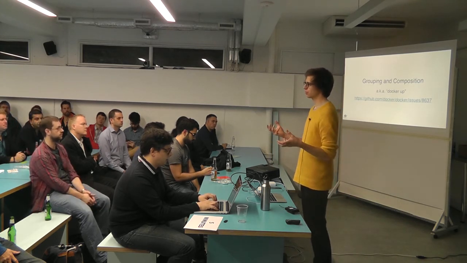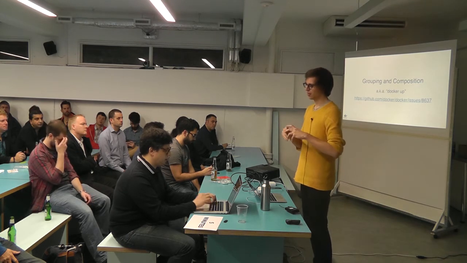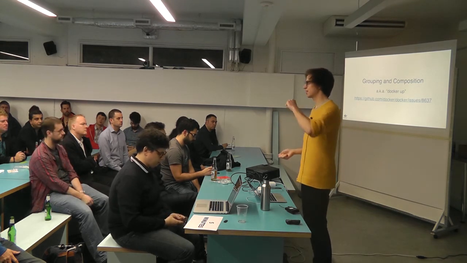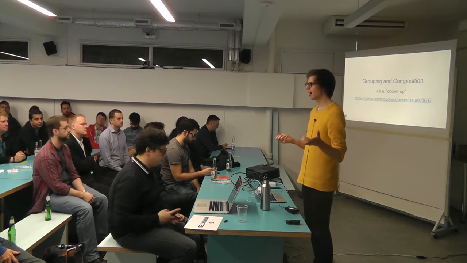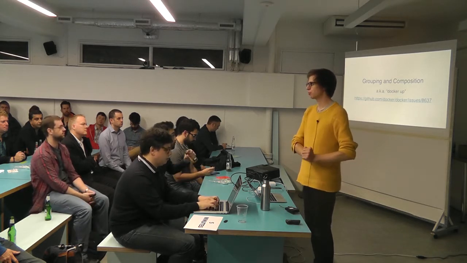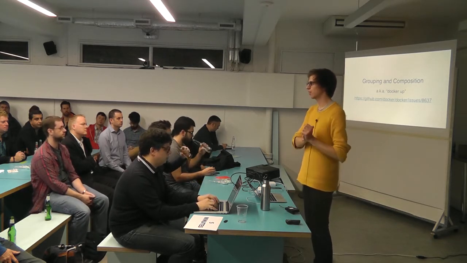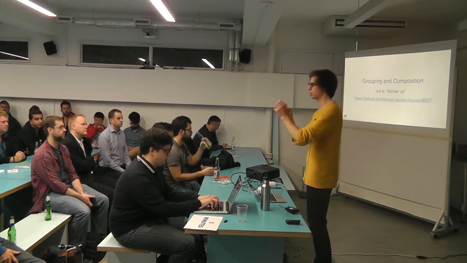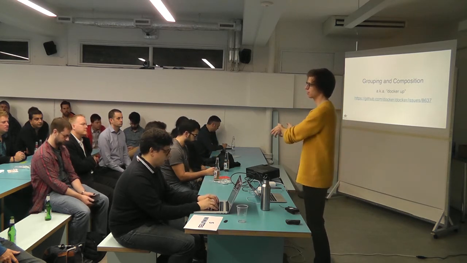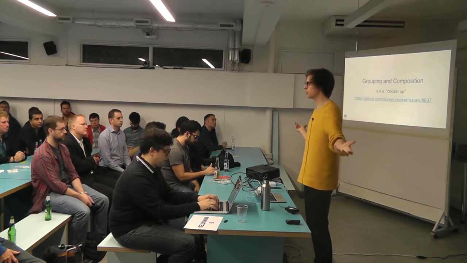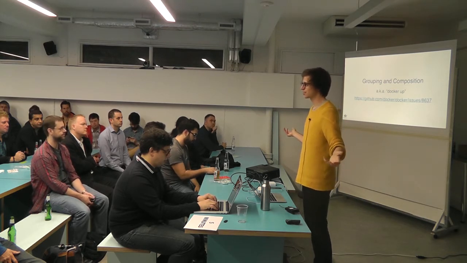Because you really want to be able to describe: I have a database, a worker process, and a web server, and I want to start this on my local development environment, I want to start this in my CI system, I want to start this in my staging environment, and I want to start this in my production environment, all of which might be different. Well, they are all different systems.